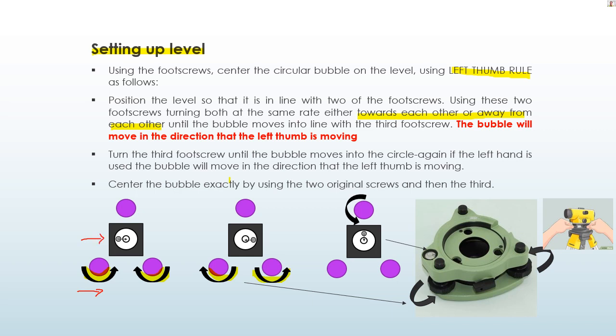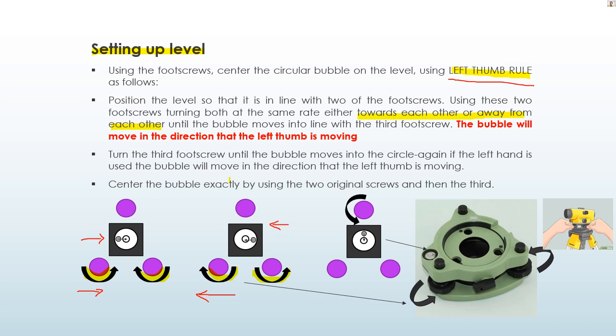If your left thumb is moving to the left, then the bubble is moving to the left as well. So that's why we call it the left thumb rule. Remember that. So when the bubble here is out of the center, you bring it to the center using the left thumb rule, turning the 2 foot screws first.